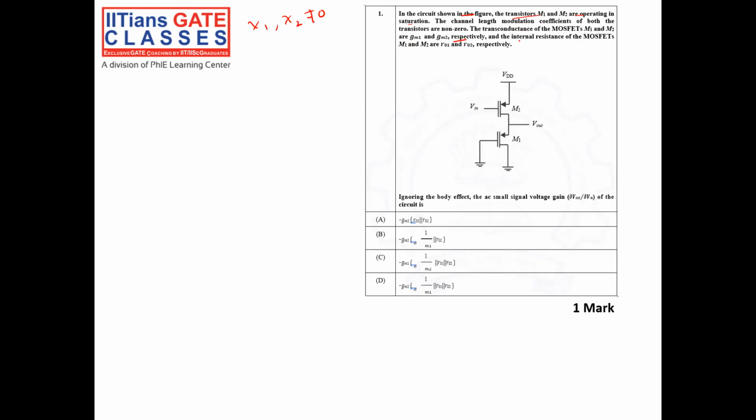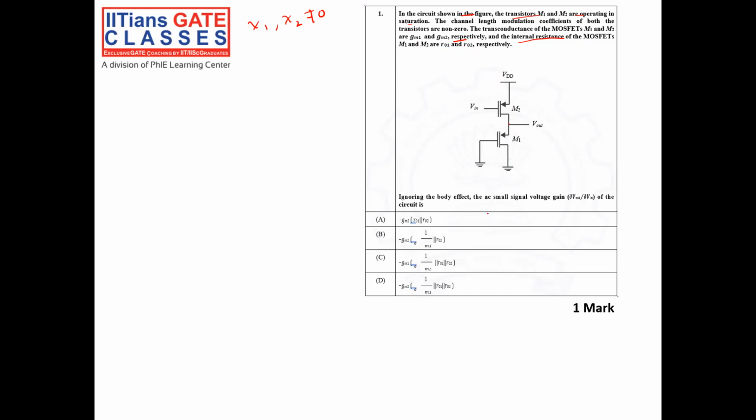And the internal resistance of the MOSFET, which is nothing but the drain to source resistance, of M1 and M2 are R01 and R02 respectively. That means the resistance looking from drain to source of M2 is R02, and of M1 is R01.